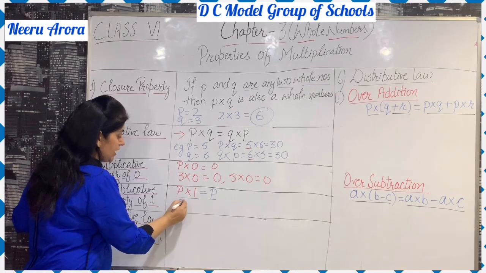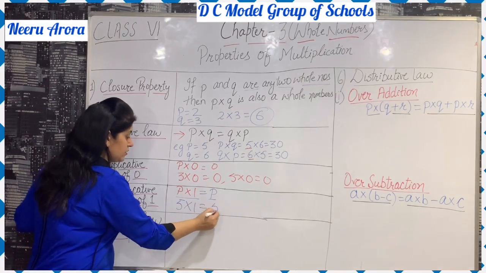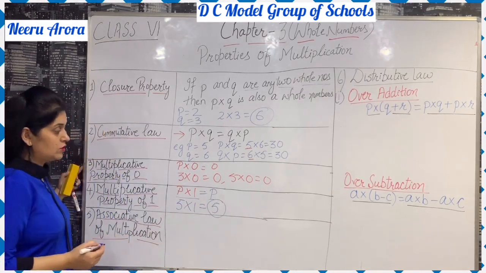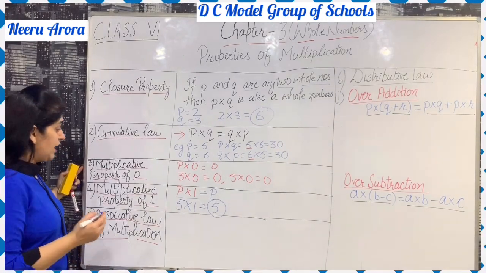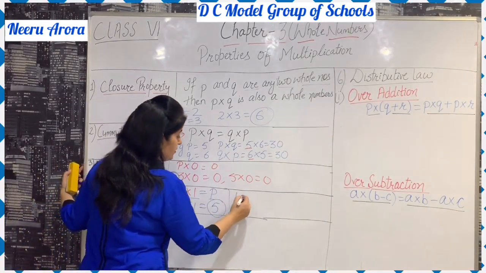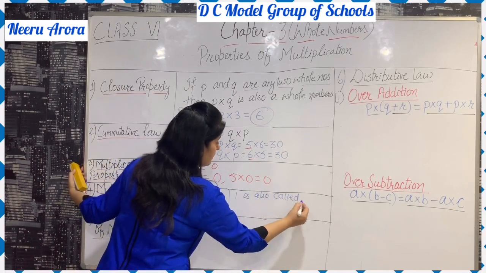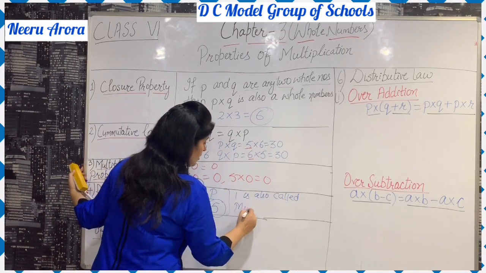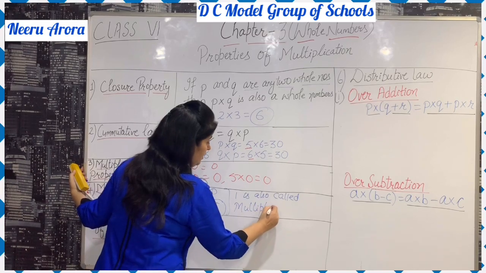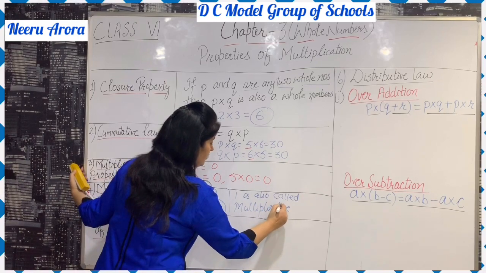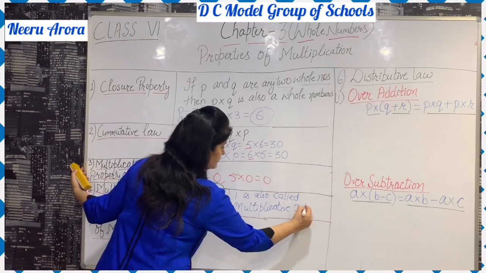Suppose 5 multiplied by 1, we get 5 here. So 1 is also called the multiplicative identity.